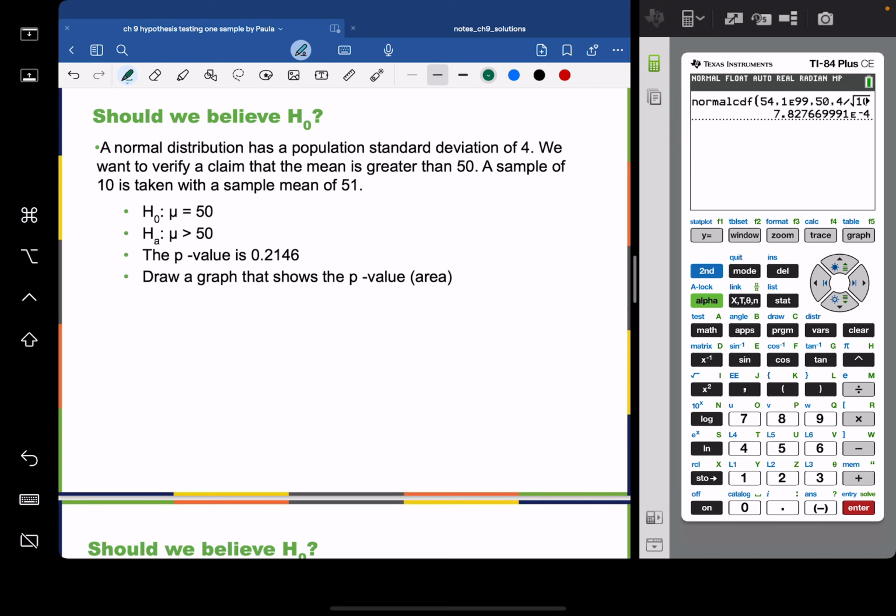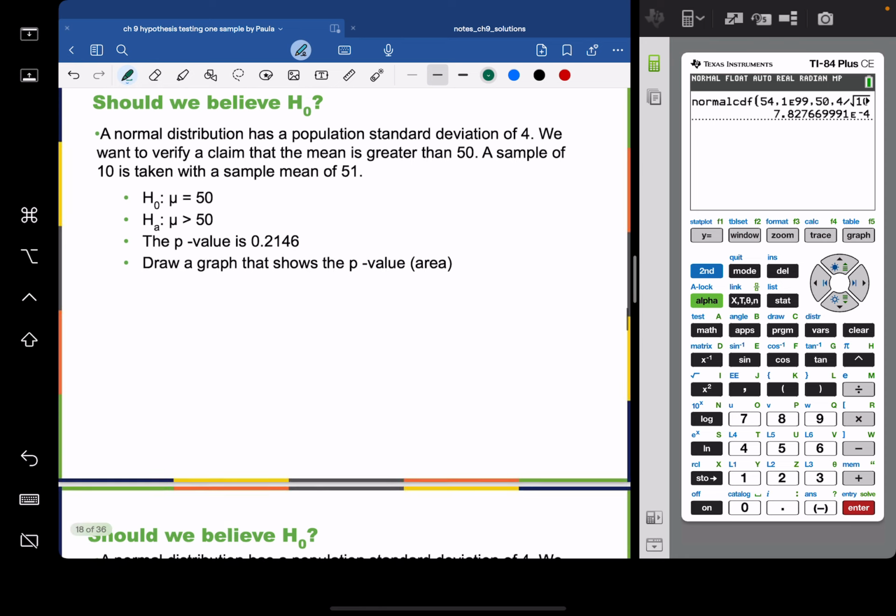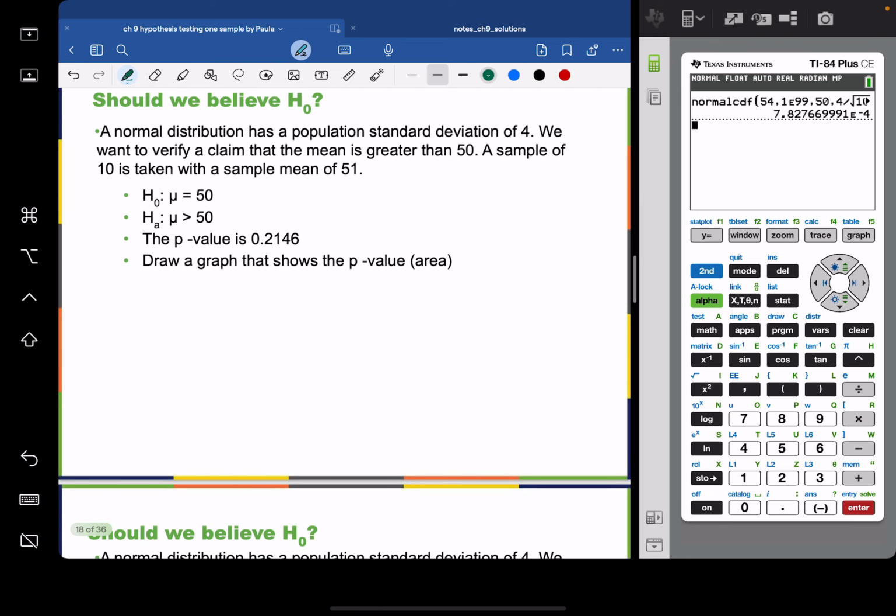A normal distribution has a population standard deviation of 4. This is actually going back to that example of a whole bunch of little kids, and the population mean was mu equals 50. We have sigma is equal to 4. Our sample size is 10. And then we do a sample, and we get x bar is equal to 51.